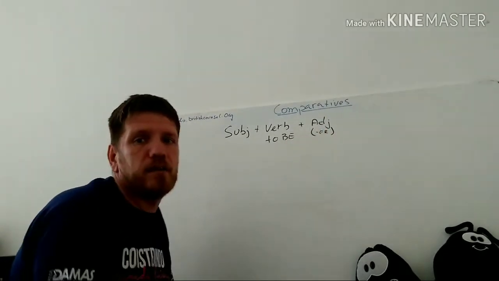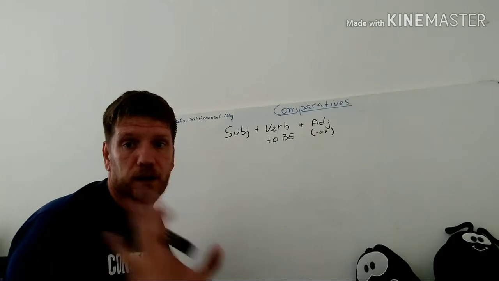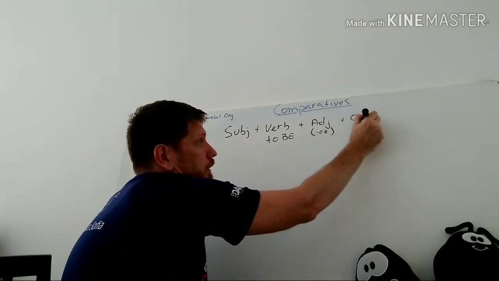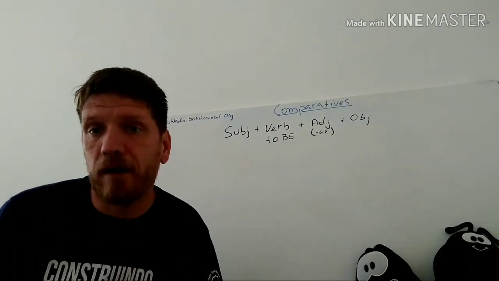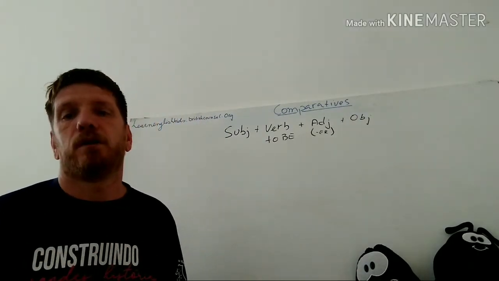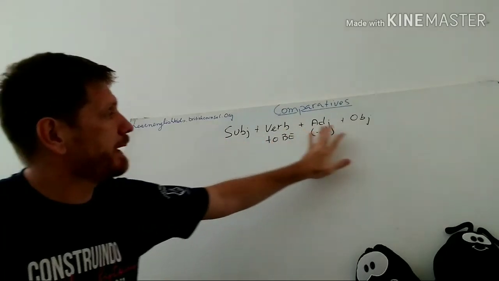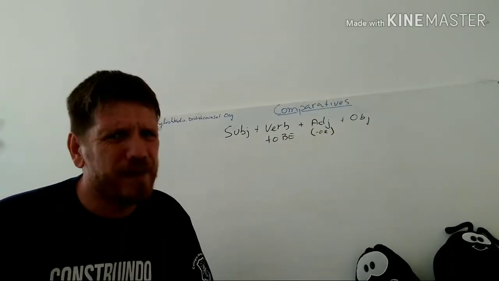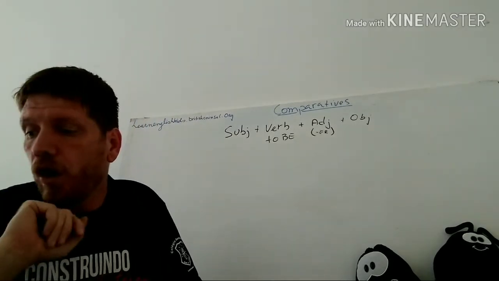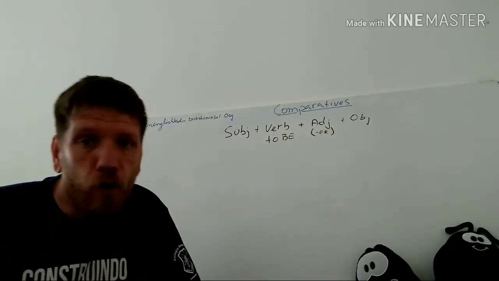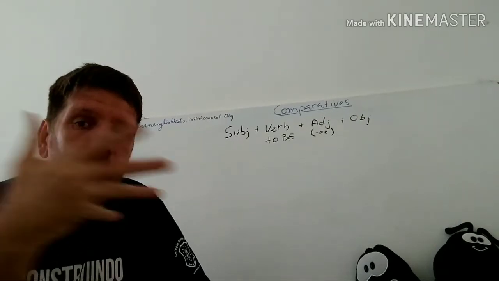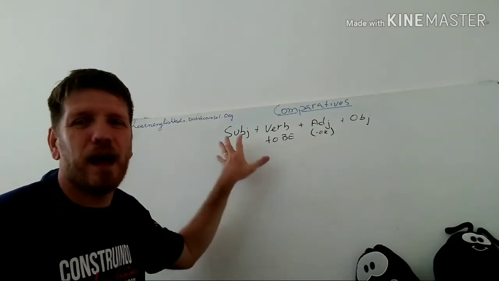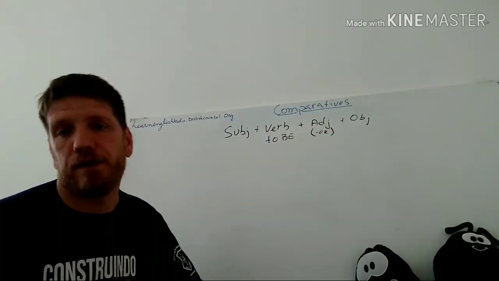I will give you an example and some words in a minute, so you will see clearer. Plus the object, who we are comparing to. So this is basically what we need at the beginning. Of course, there are different forms of writing comparative sentences, but this is the base. This is how we normally write a comparative.